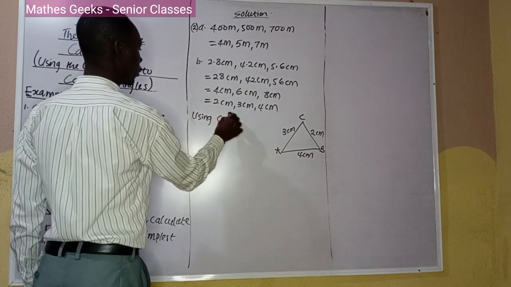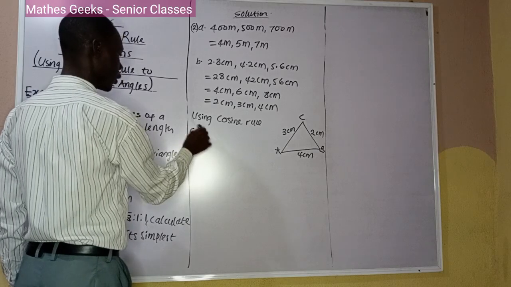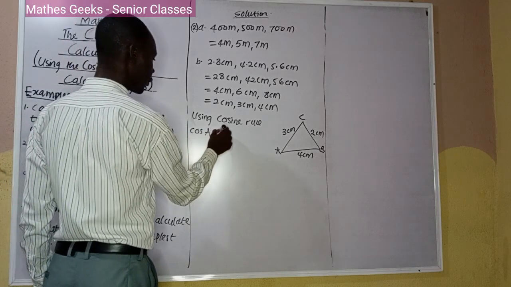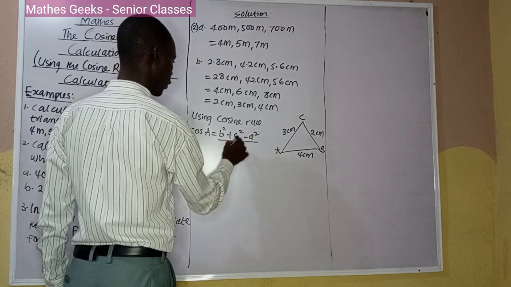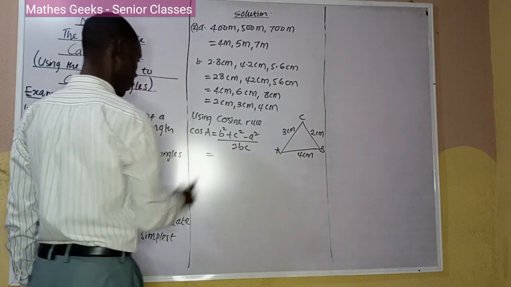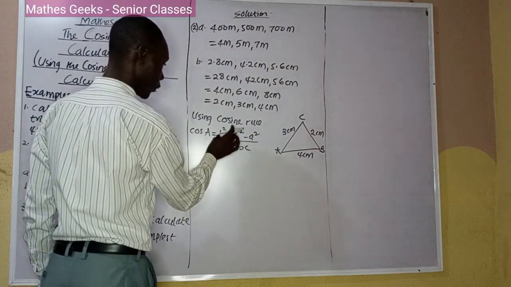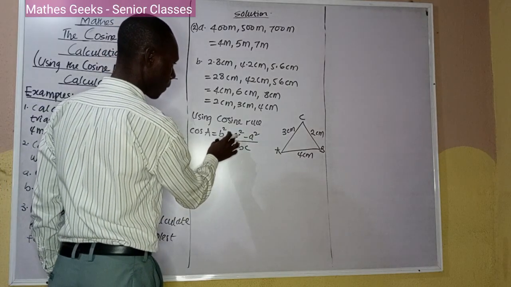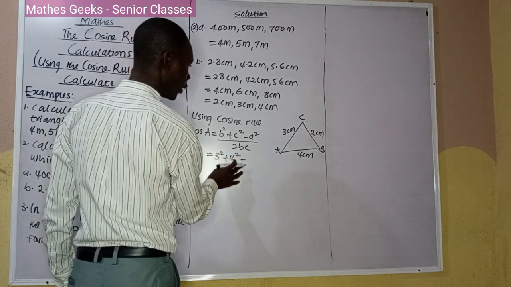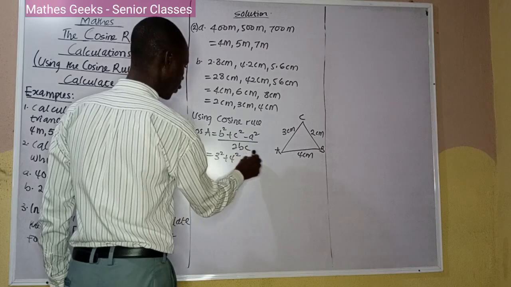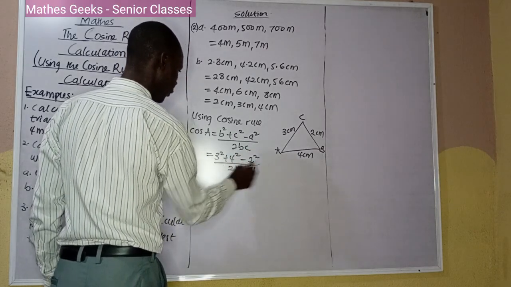Using the cosine rule, cos A is equal to B squared plus C squared minus A squared over 2BC. B squared is 3 squared, C squared is 4 squared, minus A squared, which is 2 squared, over 2 times 3 times 4.